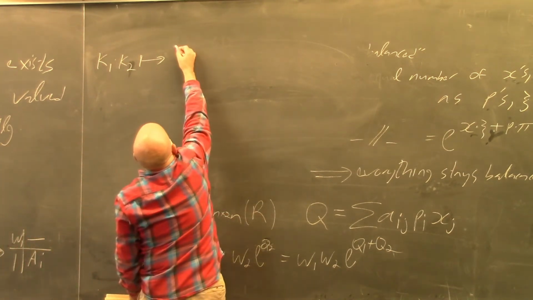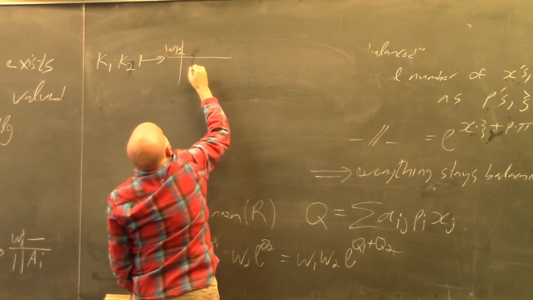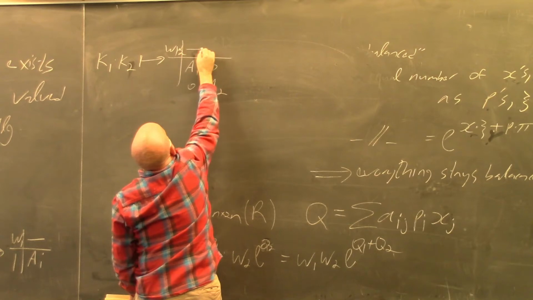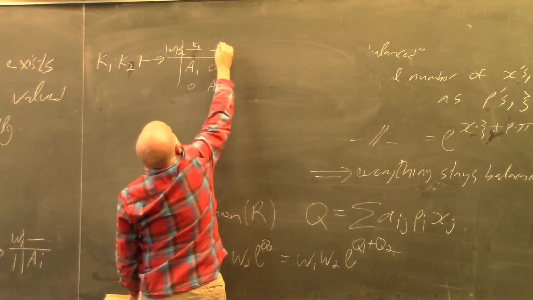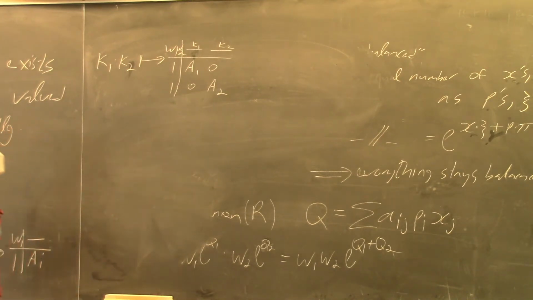So the invariant of this will be omega_1 omega_2, a1, a2, 0, 0. Here the labels of K1, here the labels of K2, and likewise down here. Okay.